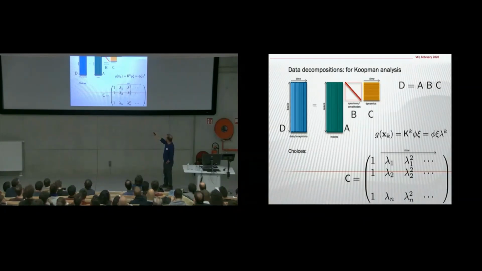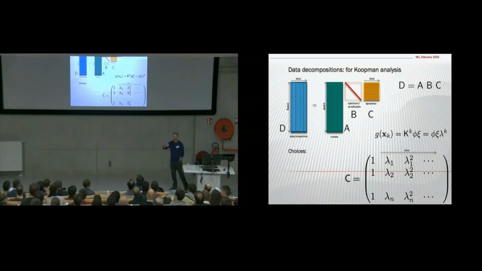Lambda 2 is lambda 1 squared, cubed, and so on, as I step along, right? This is the magic of using the eigenfunctions of the Koopman operator, and then the eigenvalues will just power out the more often I apply it to step from one time step to the next. Okay? So my C matrix has this shape. This is my final constraint that nails or should nail it down.